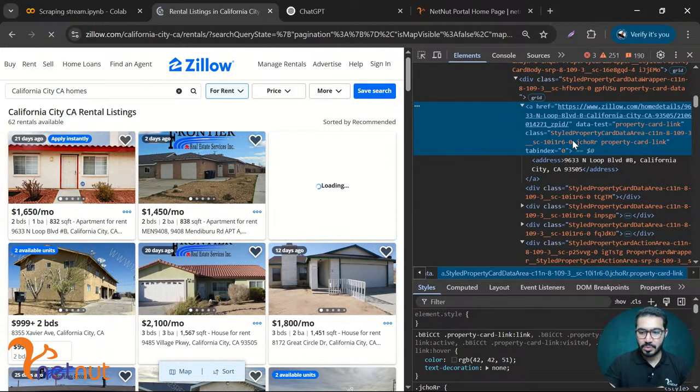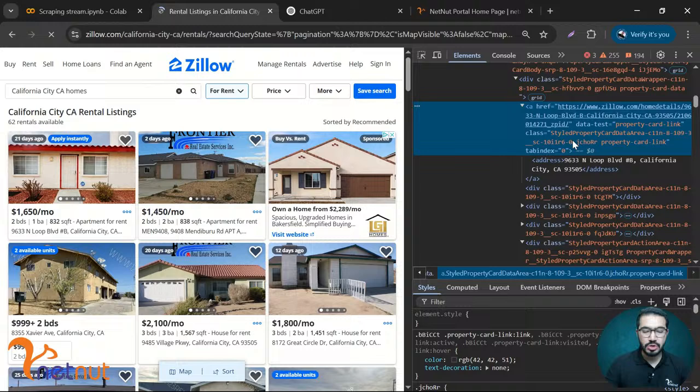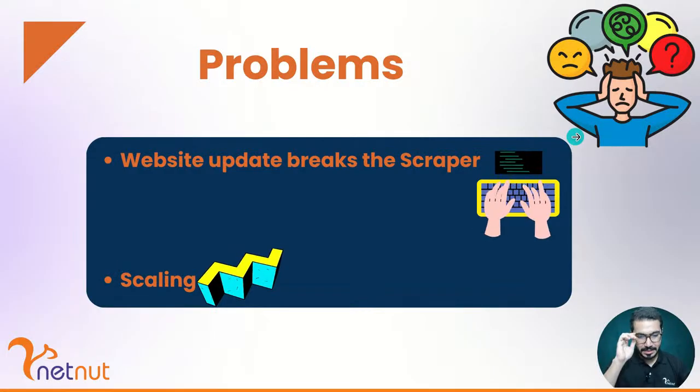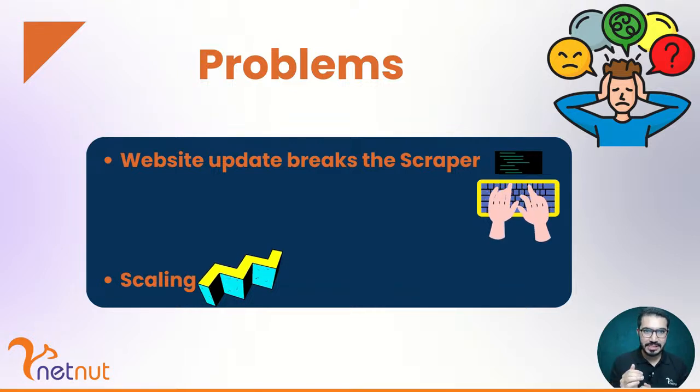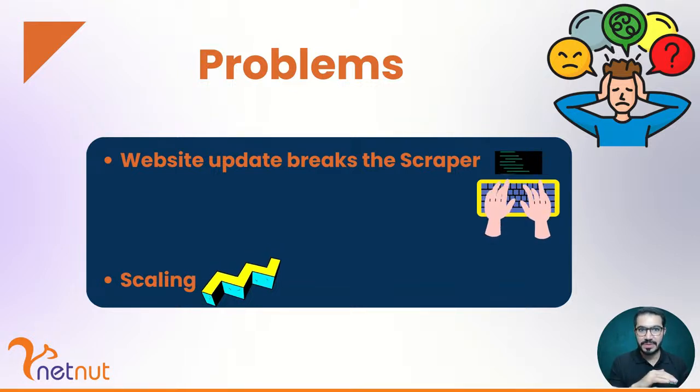But after 1 month, 2 months, 2 weeks, 10 weeks, or maybe a year, they change the structure of the website in a way that these class names will be replaced by some other class names. So our scraper will not work anymore. That's a problem. So we'll see how AI can help us today in order to solve this problem. Let's say we have a scraping script that is working great, but the website structure got changed, and now our scraper is not working anymore.